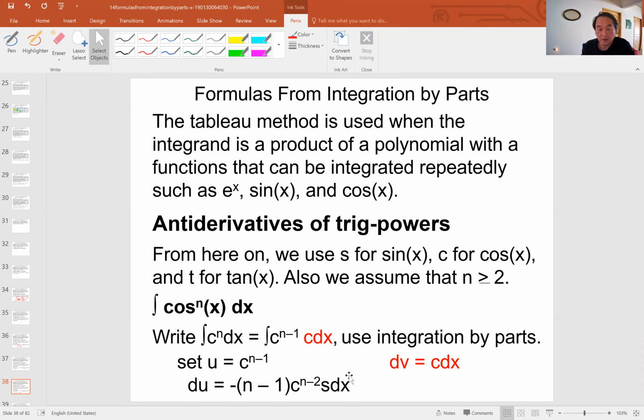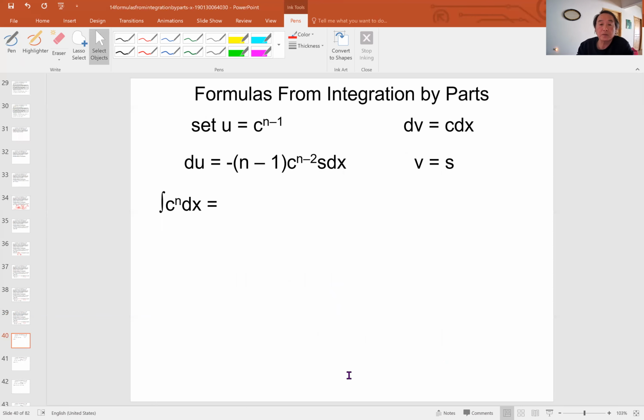This is the derivative of u, cosine to the n minus 1 power, and of course, the antiderivative of cosine is sine. Apply this to integration by parts: u times v minus the integral of v du.